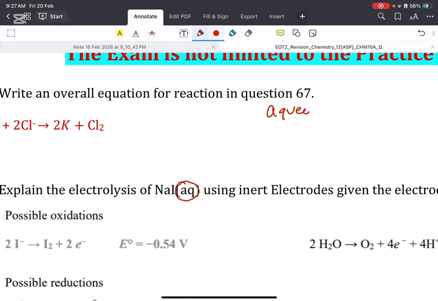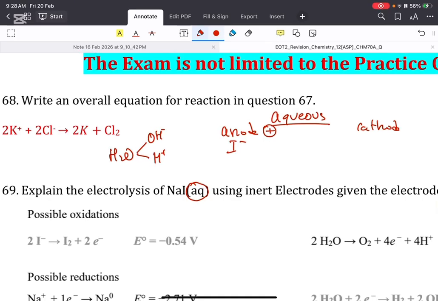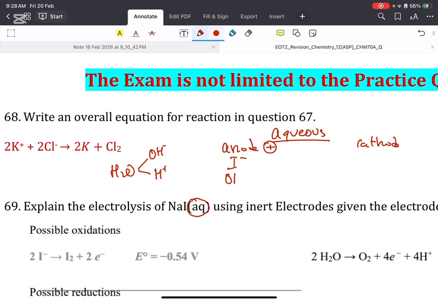When I have aqueous, at the anode, which is the positive electrode, I have the I minus approaching the anode, and you know H2O has two ions, OH minus and H plus, and I have OH minus coming over here.